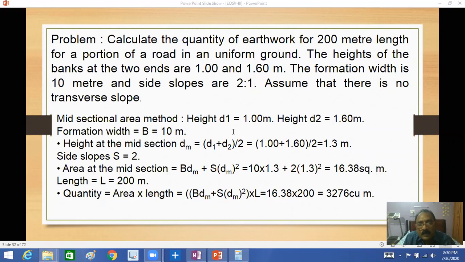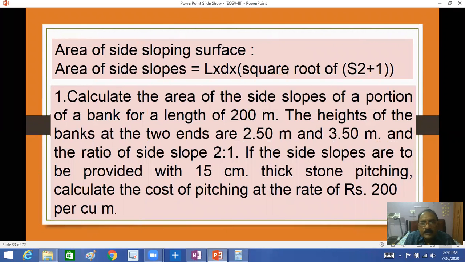That is very important here. We observe that with three formulae used for the same problem, we got different values. So we can say the prismoidal is more accurate than the mean section and mid section area. In the mean section area you will get a slightly higher value, in the mid section area you will get a lower value, and by the prismoidal method you will get the accurate value.